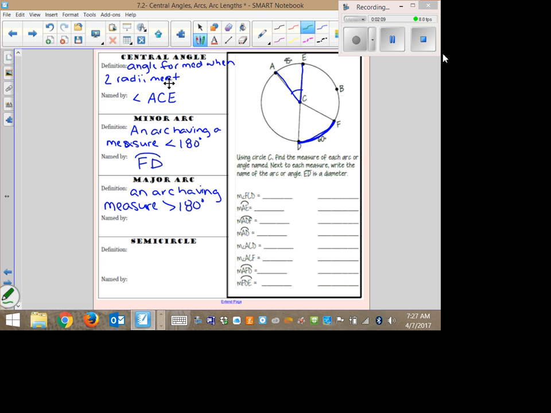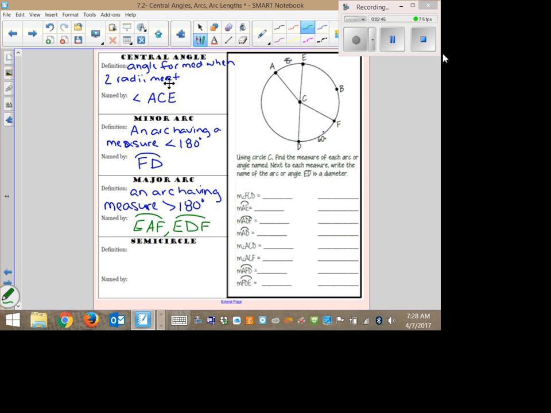We could start at, say, E, going all the way past D and to F. That would be a major arc. We name this with 3 points, so we would call it arc EAF, or arc EDF. You go through the middle one. Note that we went through A, and then also through D, but you only need 3 points for that.